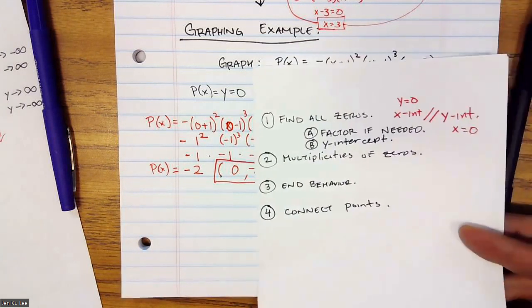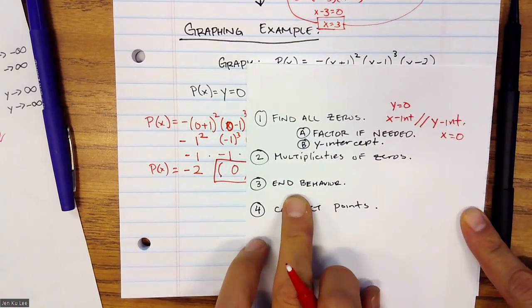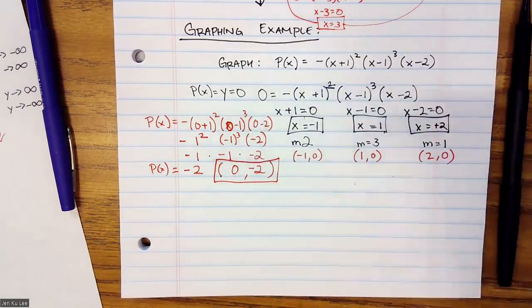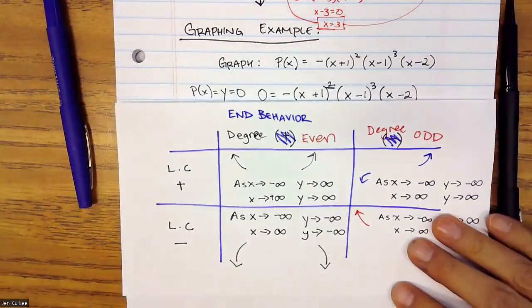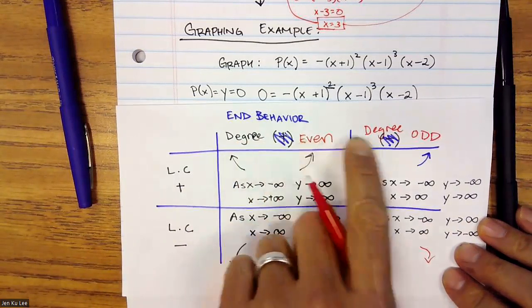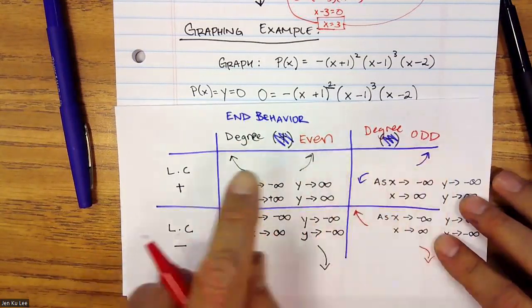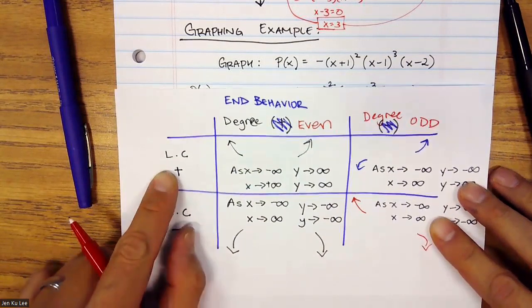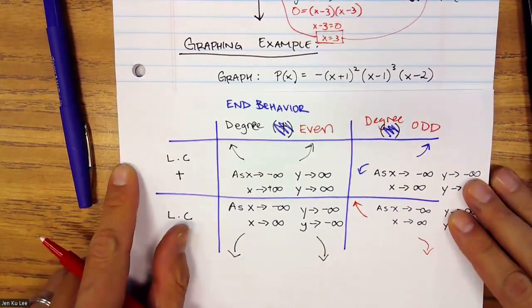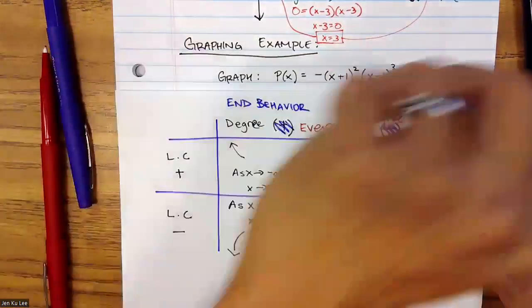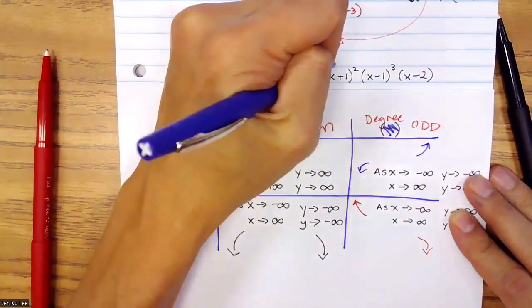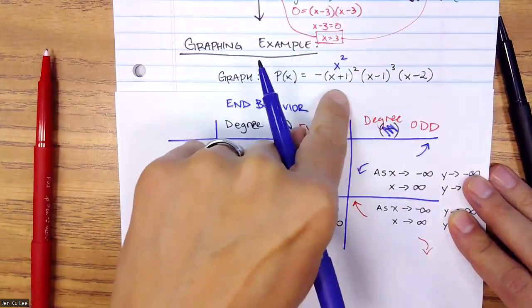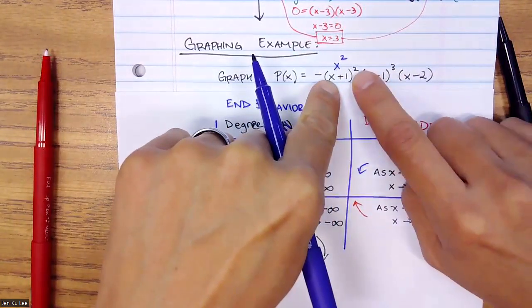All right, my next step is end behavior. Okay, remember this, we got to find a degree if it's even or odd, and we got to find if the leading coefficient is positive or negative, right? So if I look at this, here, the highest degree is x squared, because I have x and I have squared here.